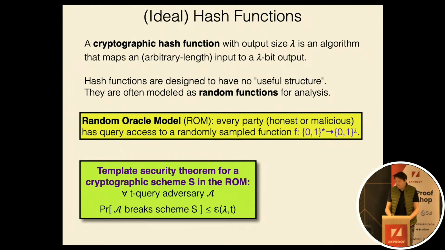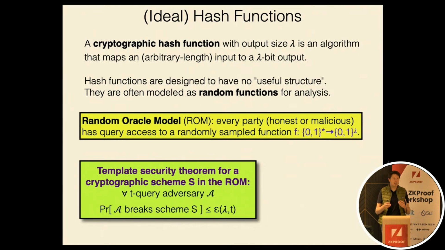The kind of theorems that you try to prove in the random oracle model have this flavor. You say, let's fix some adversary, and let's bound the number of queries that it can make to the oracle. The bound is t, okay? Think about this as the size of the adversary.